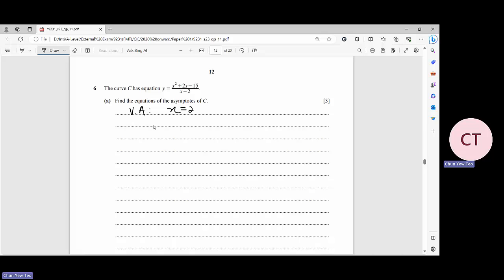So in order to find the oblique asymptote, first of all, you can do long division, but usually I will just do it like this. Okay, I will just make it like this. Then for this part, I take the x out. This one, I factorize it.